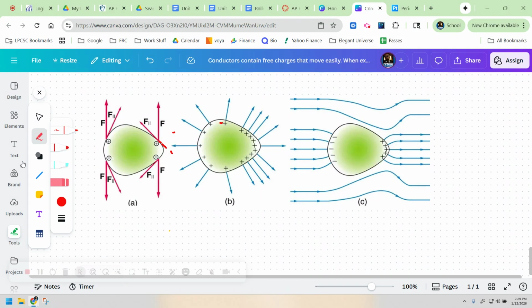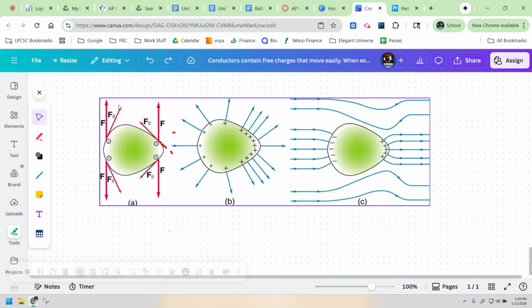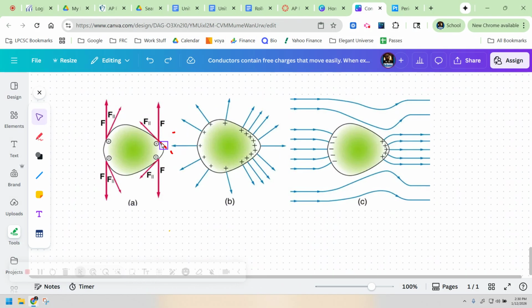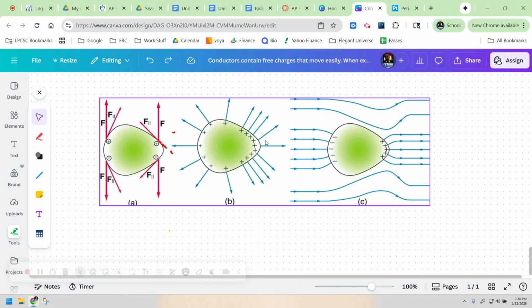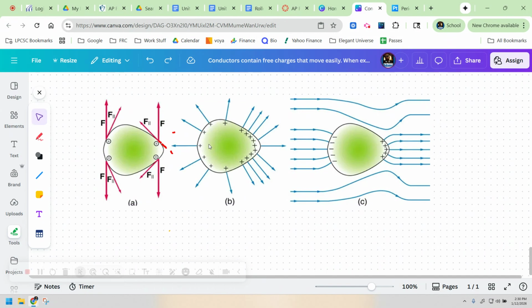The spacing would be uniform in something that was symmetrical or spherical. But because the electric field that's generated has to be perpendicular to the force that's parallel to the surface, I'm going to have more items closer together over here. So my electric fields are going to look like this. My positive charges are going to be closer together on the narrow side and spread out a little bit on the wider side.